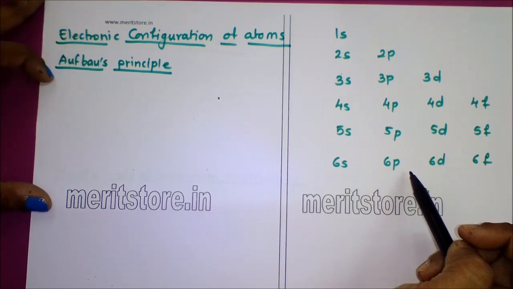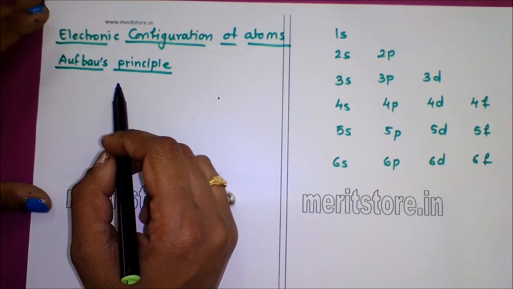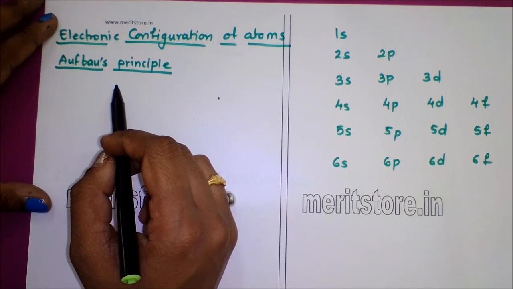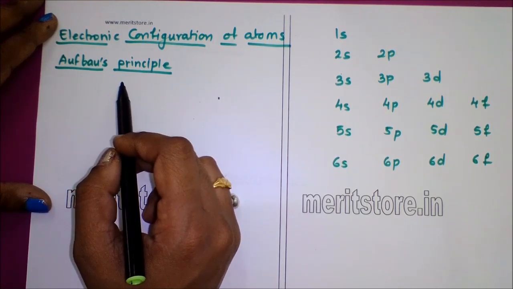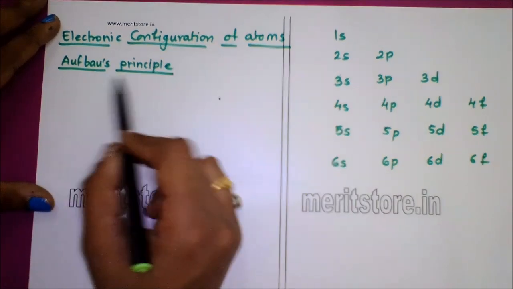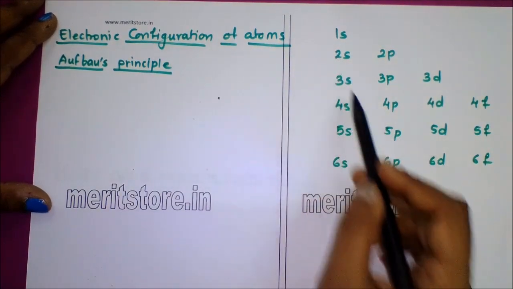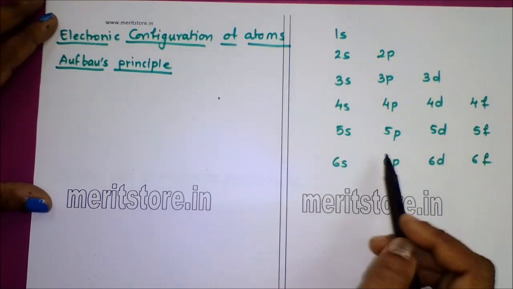The first rule is called the Aufbau principle, which states that in the ground state of an atom, an electron enters the orbital having the lowest energy first, and subsequent electrons are then fed in order of increasing energies. Now I have different orbitals but I am not aware of their energies.